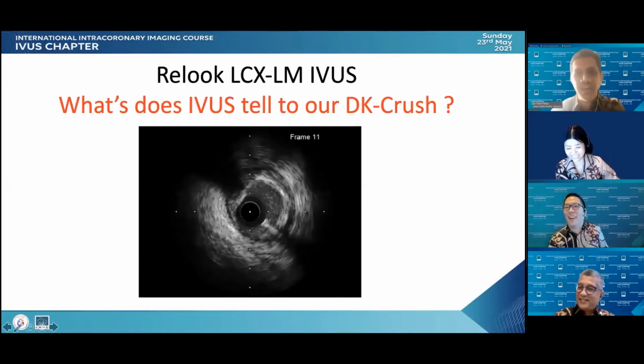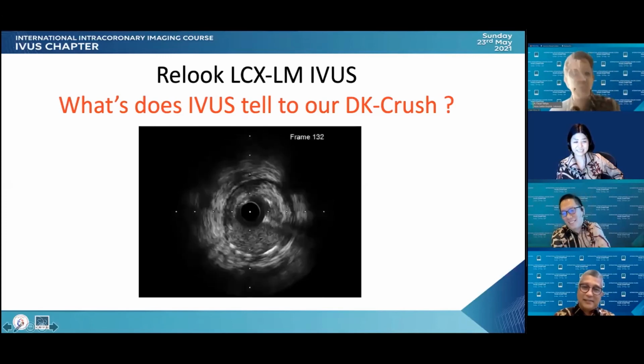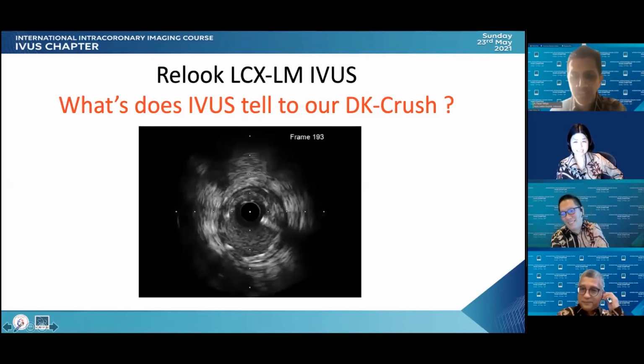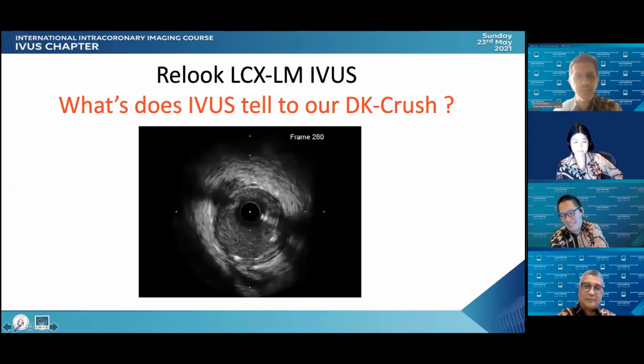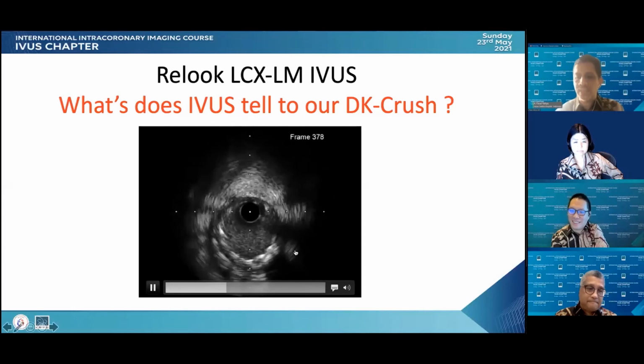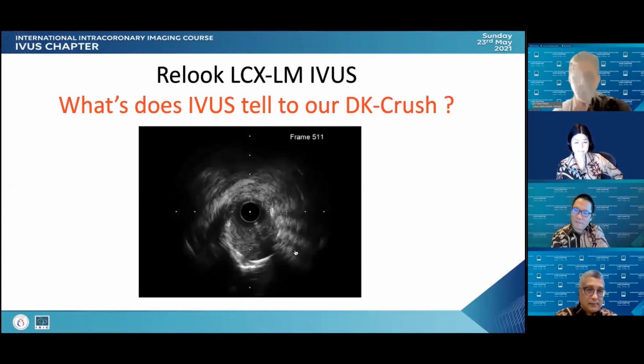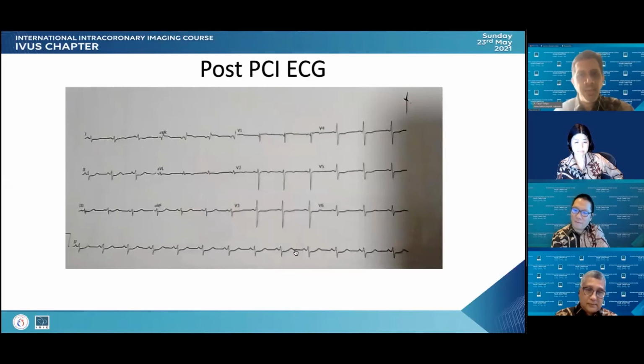Okay. So this is a relook of LCX left-main IVUS. What does IVUS tell? As mentioned by Professor Akiko, there is some area at the carina side not covered by the stent because the stent struts all go to the opposite side. But unfortunately, I recognized this after finishing the procedure, after the relook IVUS.